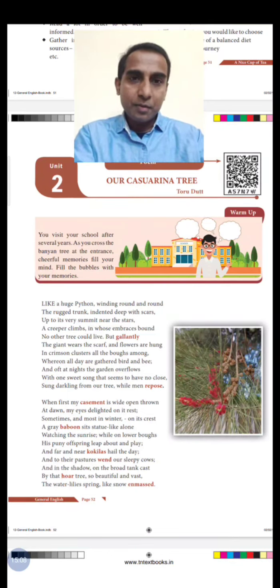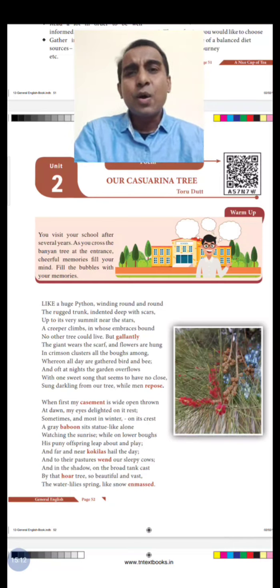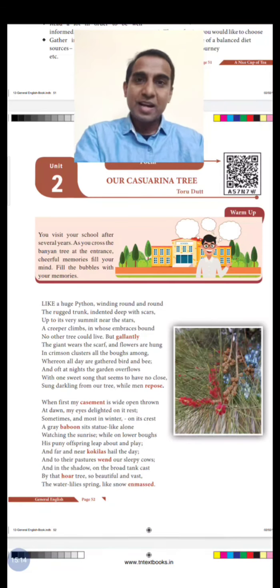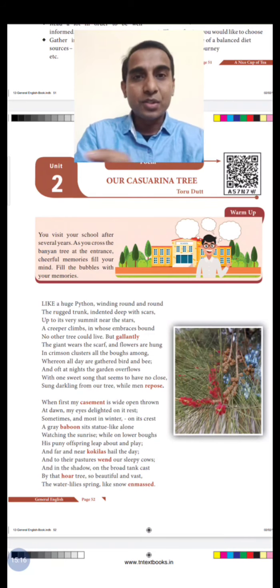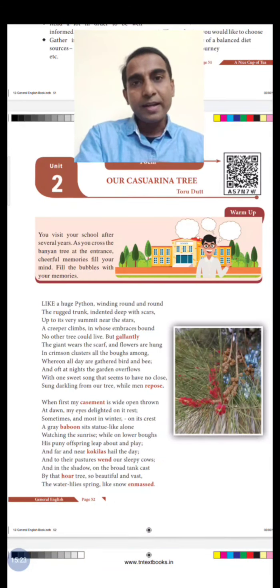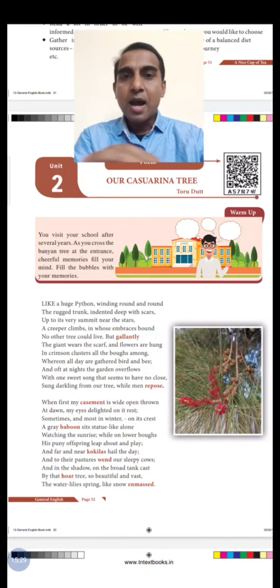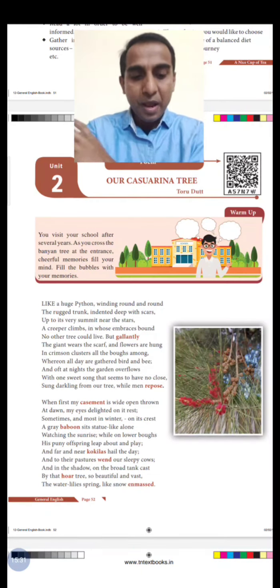Just beneath the tree, there were sleepy cows sitting. They slowly start rising and walk to their pastures. Pastures here means the grazing land where they can find grass to feed. Slowly the sleeping cow stands up, and slowly it walks until it reaches the pastures.